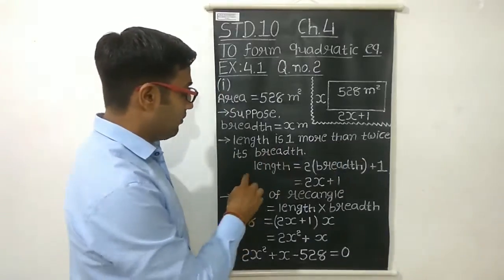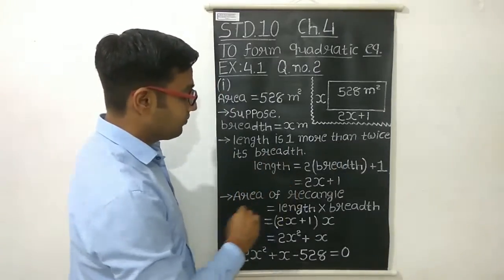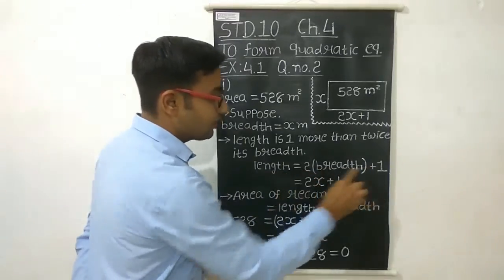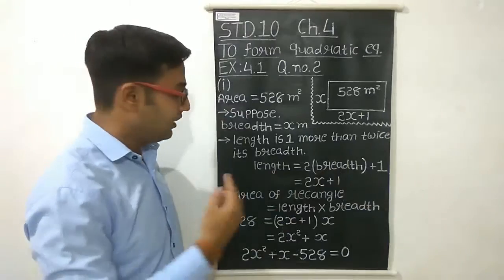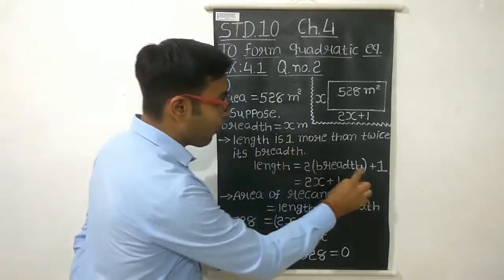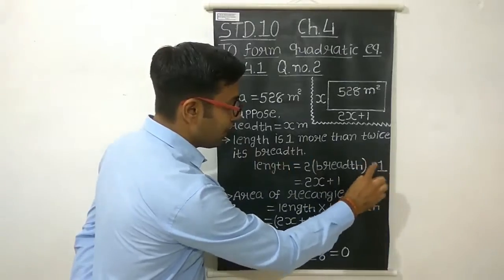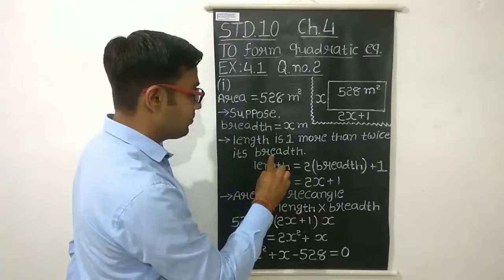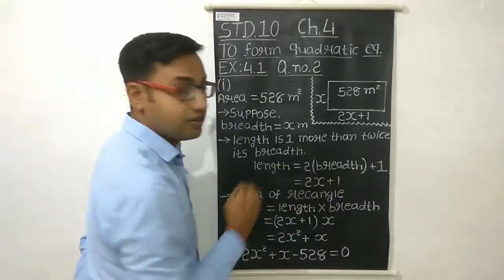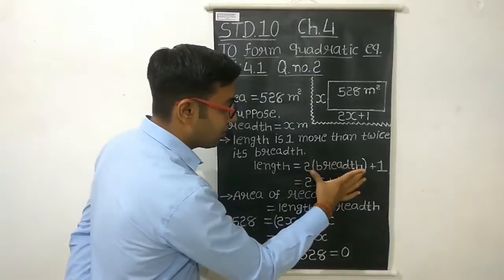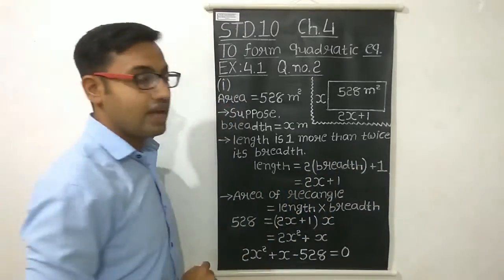That means we can write length as twice the breadth plus 1. One more means we have to add 1, then twice its breadth. One more than twice the breadth, what is that? That is length.